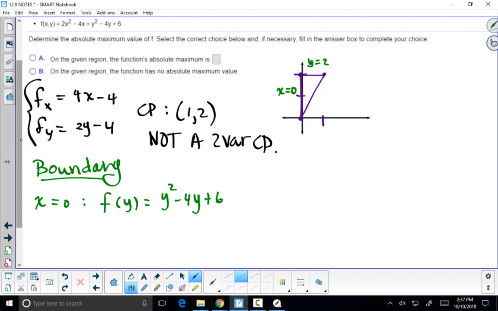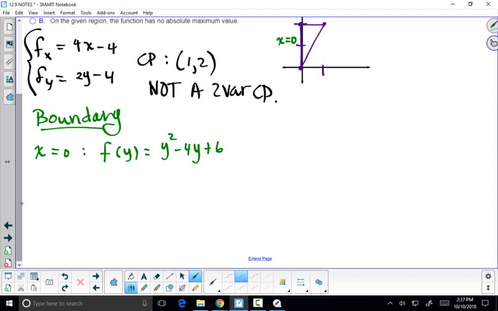So now we have a one-variable function defined on this vertical edge that's giving us our surface values, but only as a function of one letter. We know how to find max mins of one-variable functions. We take the derivative and set it to 0. So this tells us that the critical point y value has to be 2.